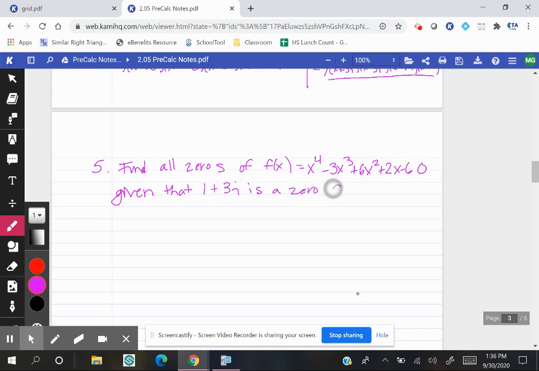So they're telling us that we know 1 plus 3i is a 0. If I know that, I want you to find all zeros and also write this out as a product of linear factors.